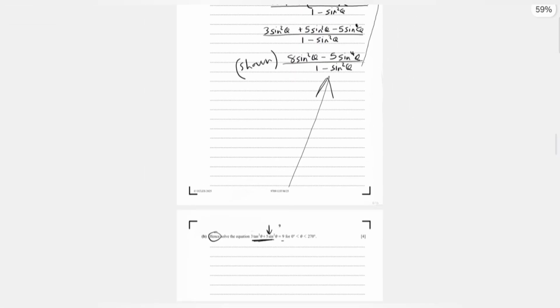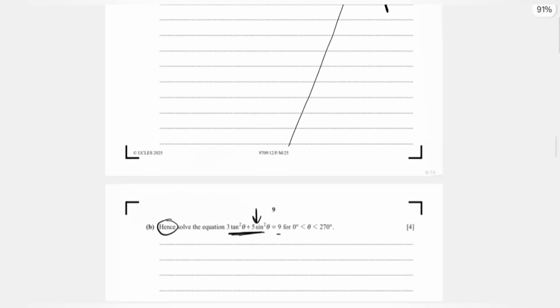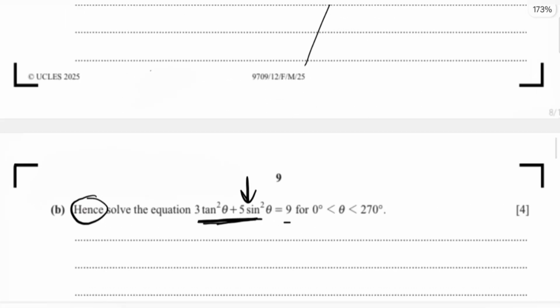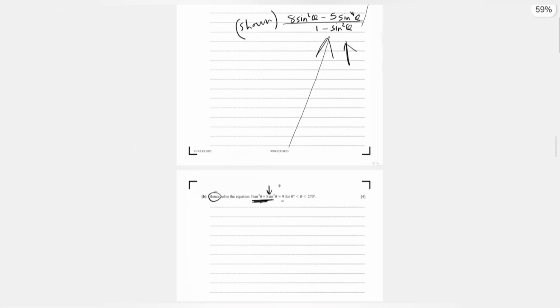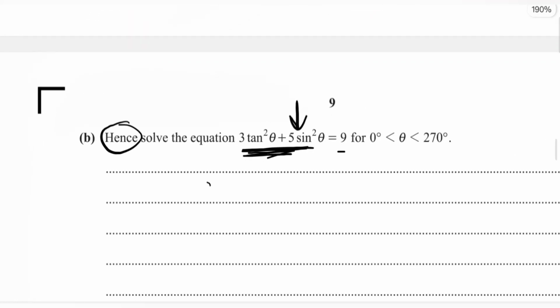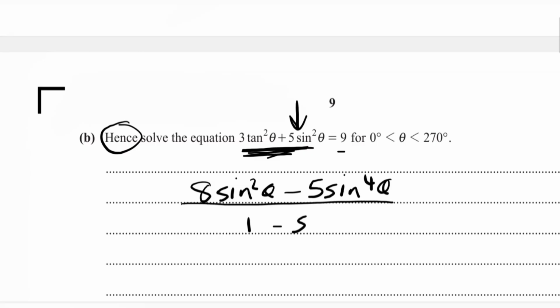And we know that this can also be written as this in terms of sine. And this is better to work with because we only have sine, right? And not a combination of sine and tan. So in place of this, we're going to write this. So 8 sine squared theta minus 5 sine to the power 4 theta over 1 minus sine squared theta.